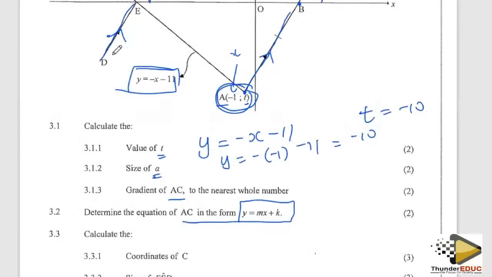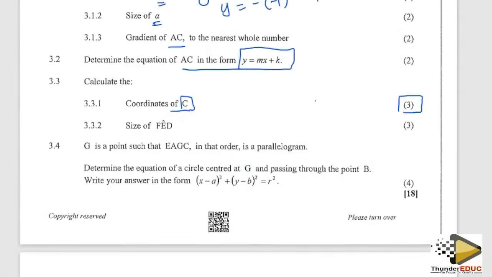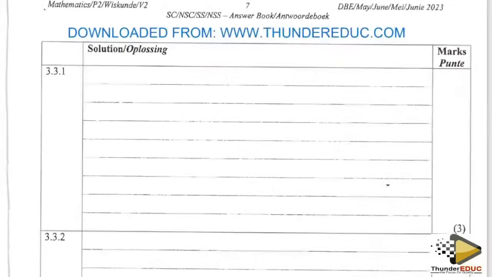Okay. So 3.3.1, they want us to get the coordinates of C. Now, since we have the equation, for us to get the coordinates of C, we need to know the coordinates of B first. Then we can apply our midpoint formula. So I need to get the coordinates of B. From my equation, y is equal to 2x minus 8.